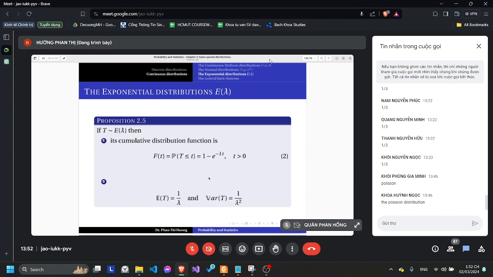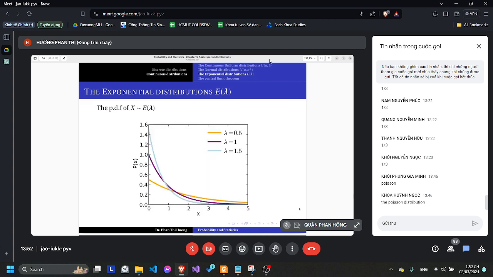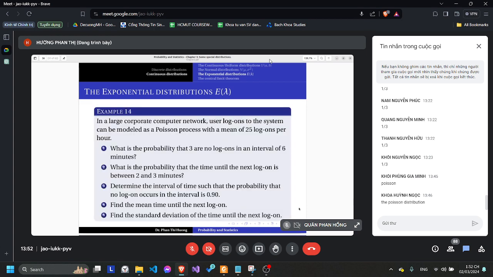This means that in the exponential distribution, the mean is exactly equal to the standard deviation, and equals 1 over lambda. The same as before, when you work with the exponential distribution, you need to be very careful with the units you are using, because using different units, you have different values of lambda. Now please practice with example 14.